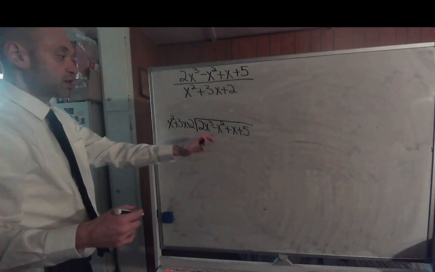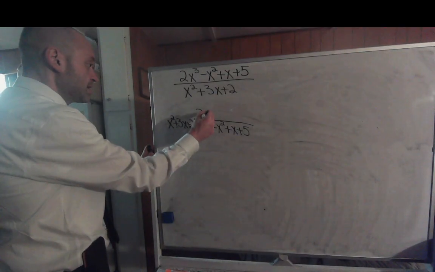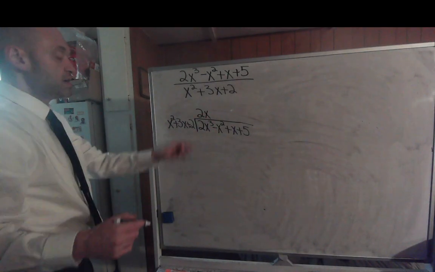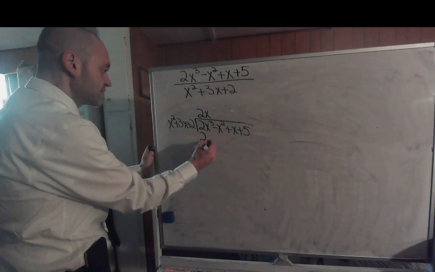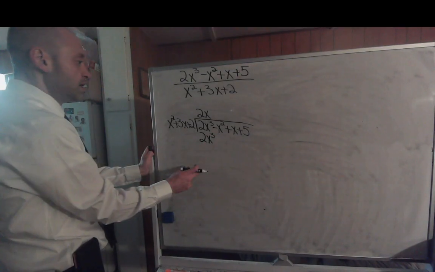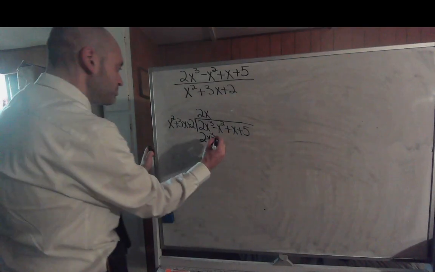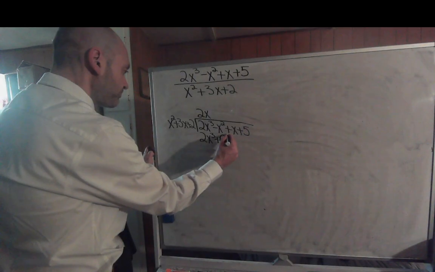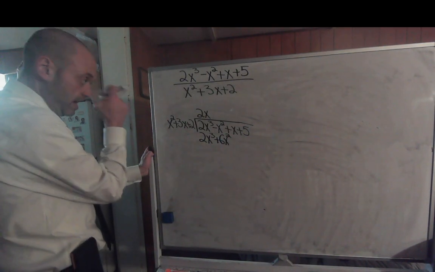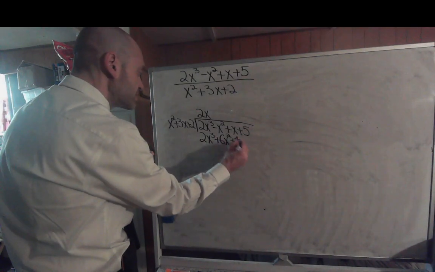So x squared goes into 2x to the third how many times? Just 2x times. And then you'll end up having, of course, 2x times x squared is 2x to the third. And then 2x times 3x, that's going to be plus 6x squared. And then 2x times 2, that's going to be plus 4x.